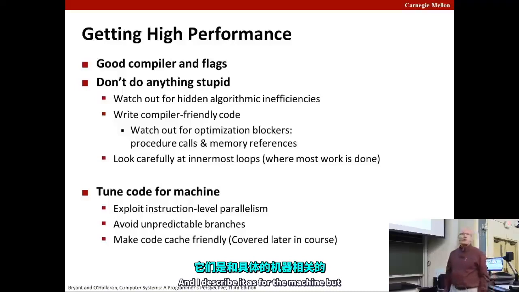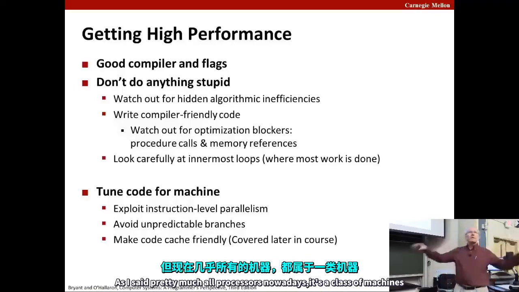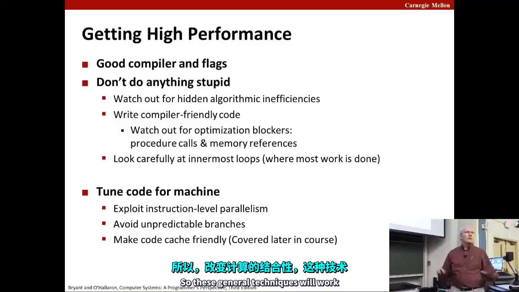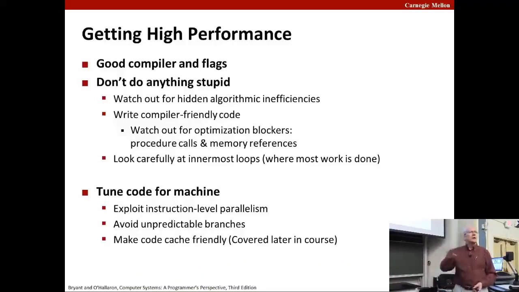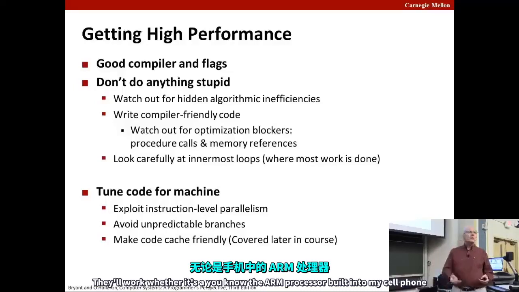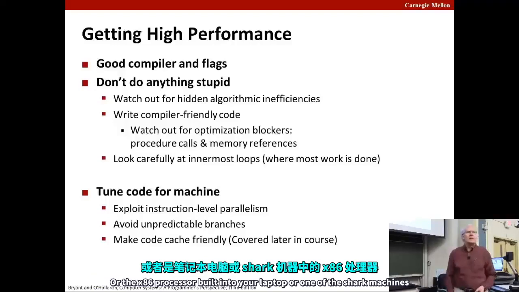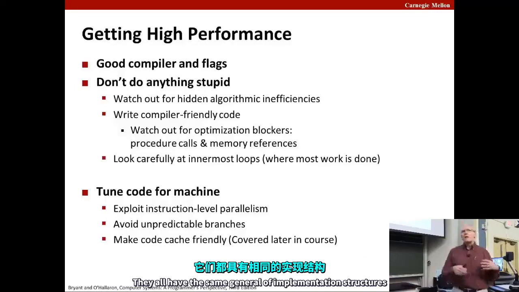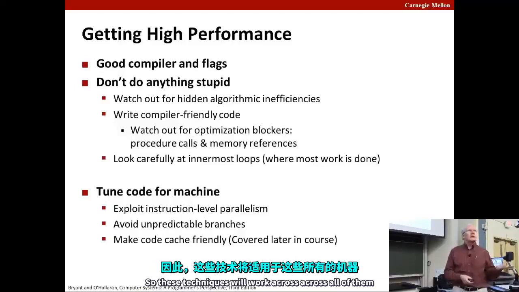And I describe it as for the machine, but as I said, pretty much all processors nowadays, it's a class of machines. And so these general techniques will work, those ideas of changing the associativity, they'll work whether it's the ARM processor built into my cell phone or the x86 processor built into your laptop, or one of the Shark machines. They all have the same general implementation structure. So these techniques will work across all of them.